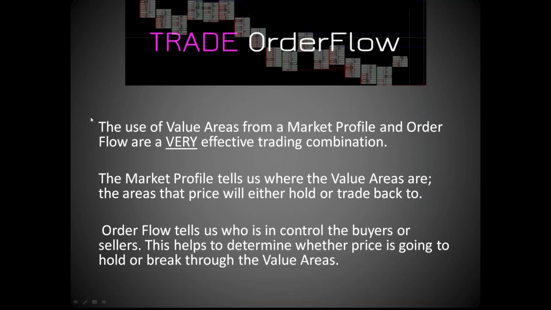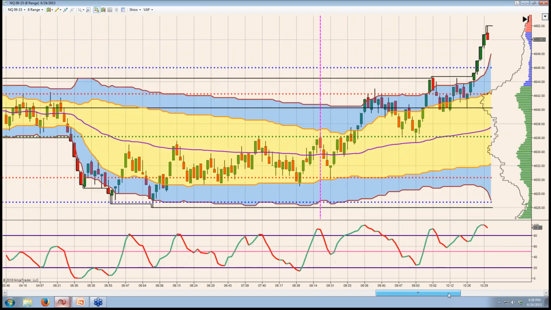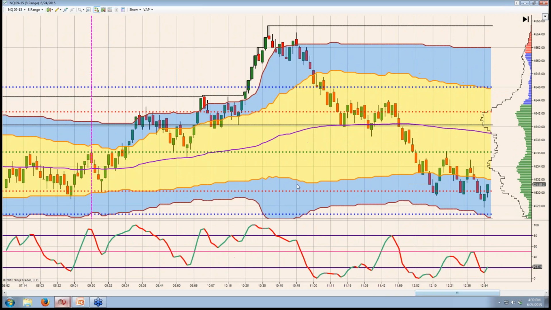Let me just show you this real quick. I'm going to pause my screen and bring up my charts here. All right, so this is my chart. This is all customizable, these are the colors that I like, so I find it very easy to look at.